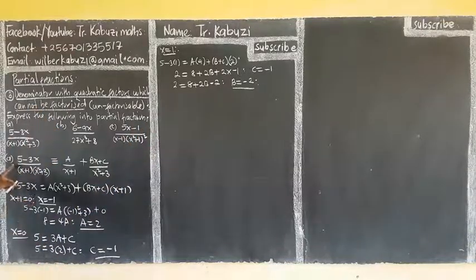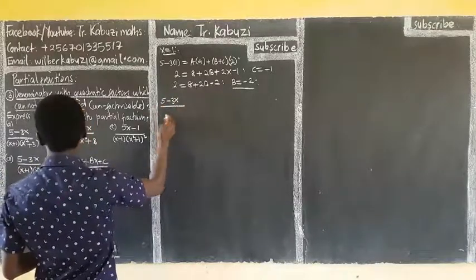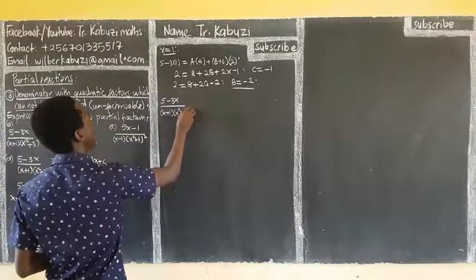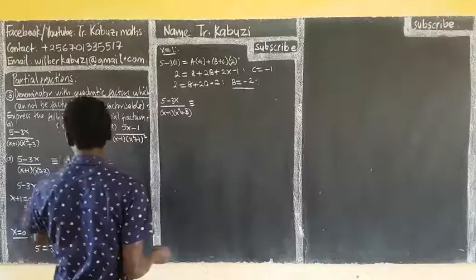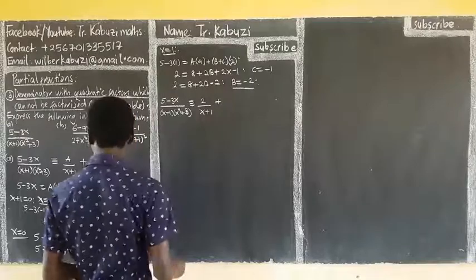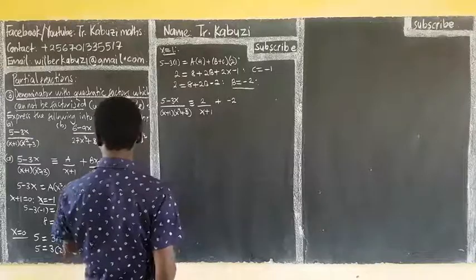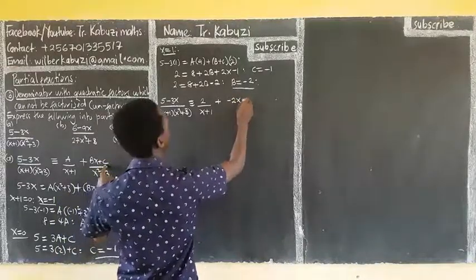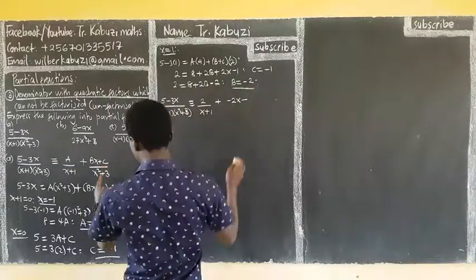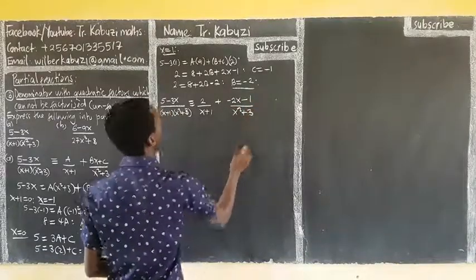Now, after you rewrite this, my 5 minus 3x, the whole over, is equaling our a, which is 2 over x plus 1, plus our b, which is negative 2, into x, plus c. Our c, we have got a negative 1. So minus 1 over x squared plus 3.